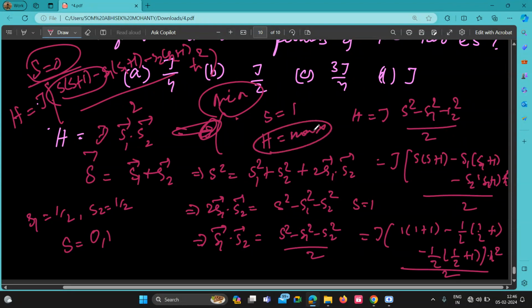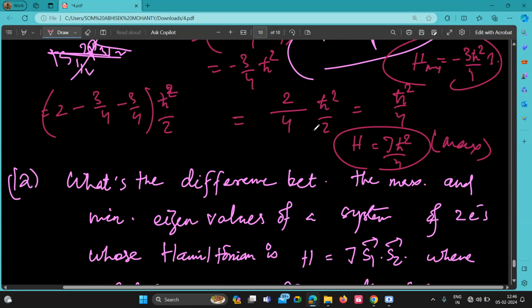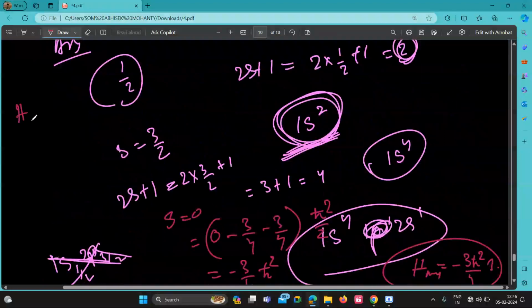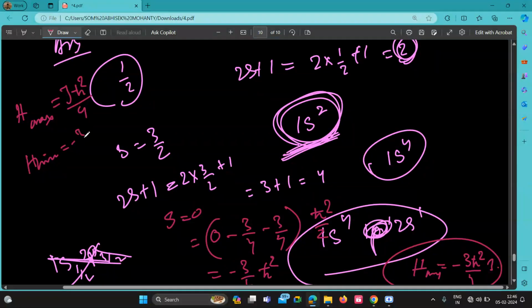That is the question, isn't it? What is the difference between them? The maximum value H max is J ħ squared by 4. H min we got as minus 3J ħ squared by 4. So the difference delta H is J ħ squared by 4 minus minus, plus 3J ħ squared by 4.